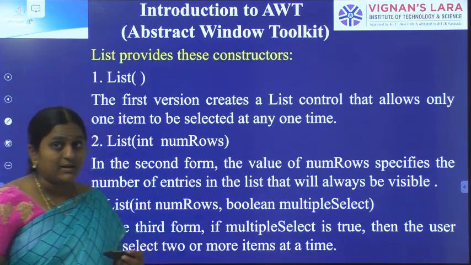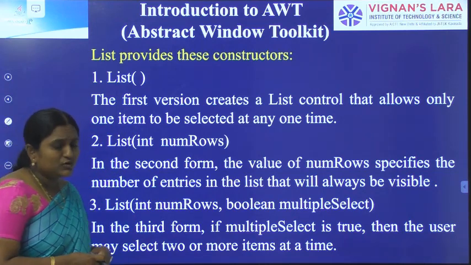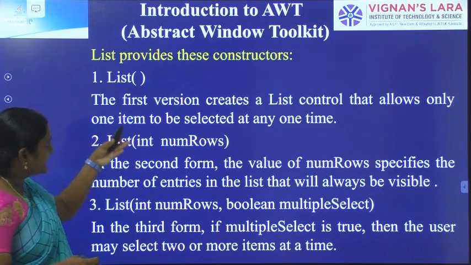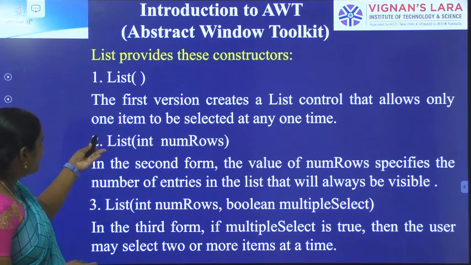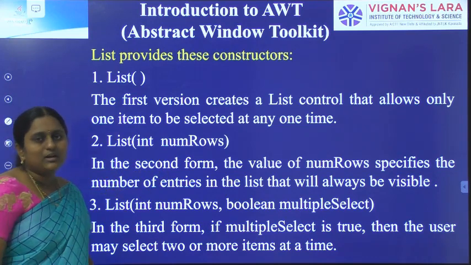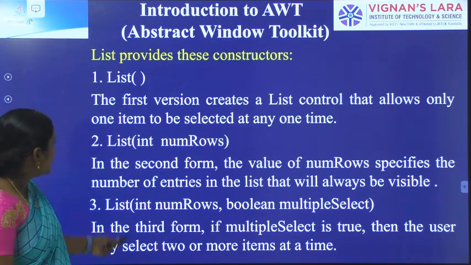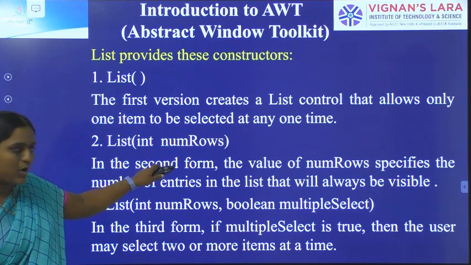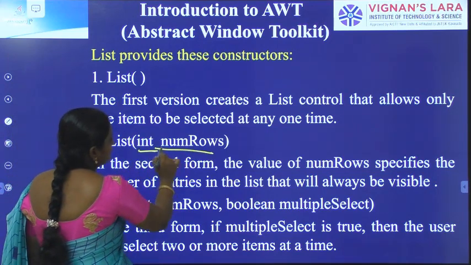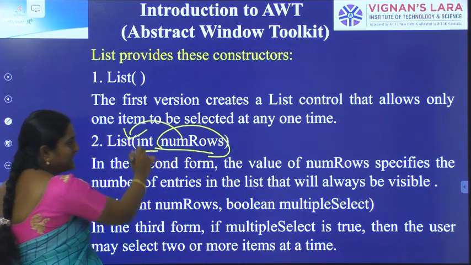Now let us look into the constructors. What are the constructors available in the List class? First, List(): it is the default constructor. It creates a list control that allows only one item to be selected at any one time. So default means only one item can be selected. Next, List(int numberOfRows): numberOfRows is an argument passed to the List constructor.